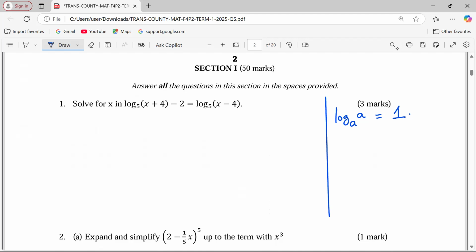I will not have affected the value of 2. So I rewrite now my equation as the log to base 5 of x plus 4 minus 2 times log of 5 to base 5 equals log to base 5 of x minus 4.